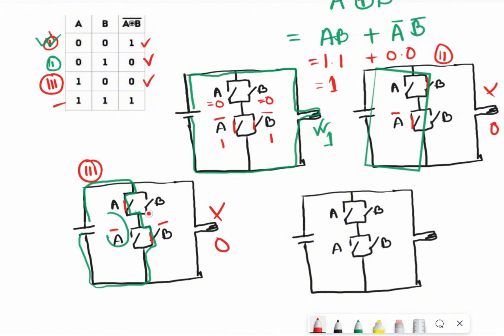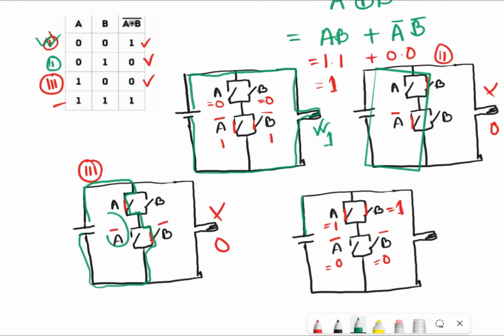So A is 1 and B is equal to 1 as well, and A bar and B bar are 0, 0. It means this is connected and this is connected, but these two are open. As a result, the current flows through this direction.